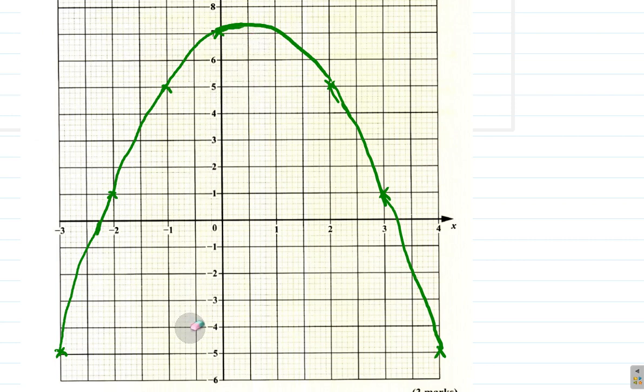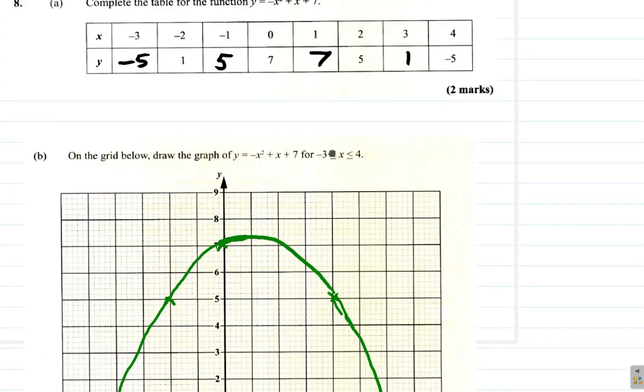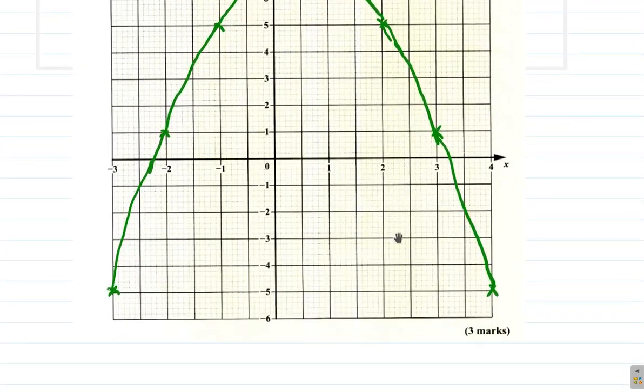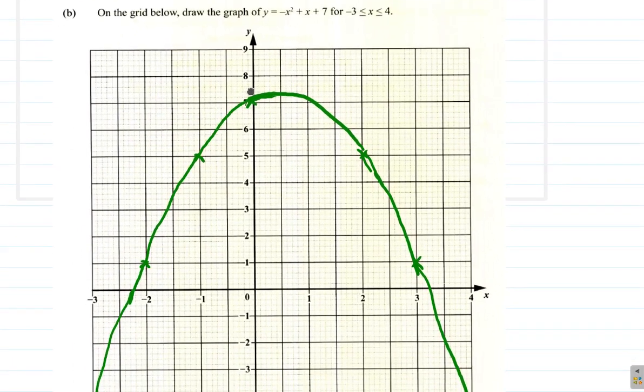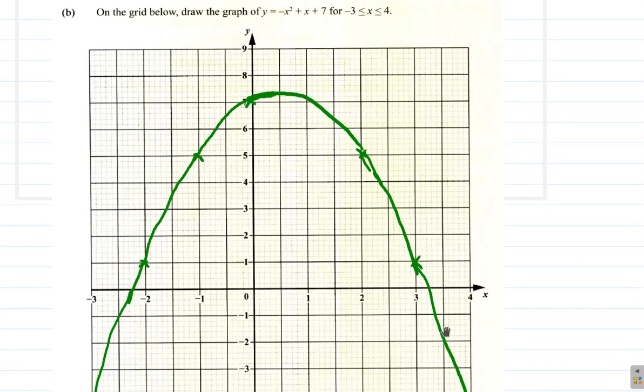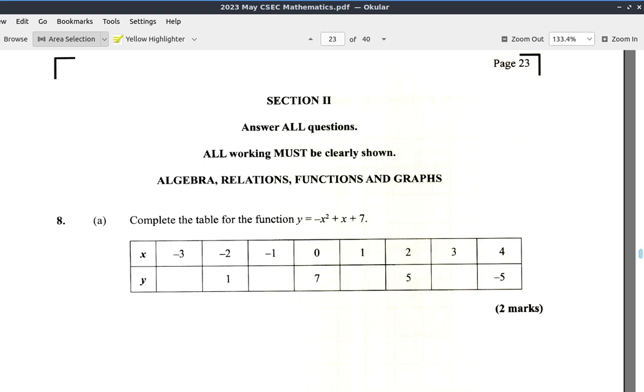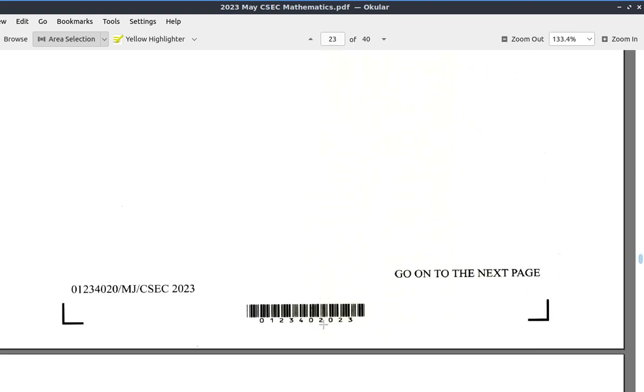That probably would be what the curve, or what the graph, would look like. And then here, let's see what else they say you must do.